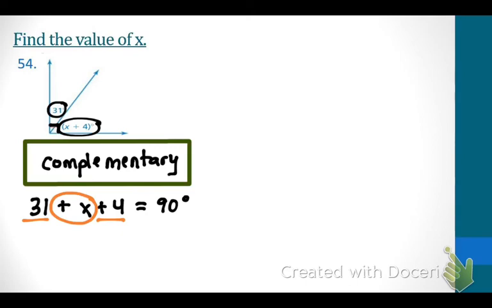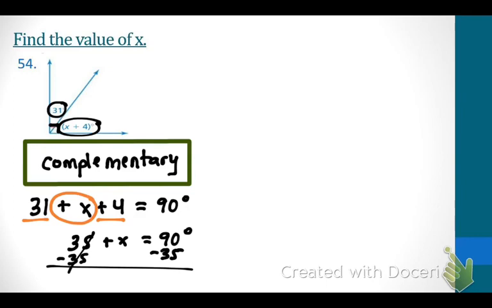Okay, what is 31 plus 4? 35. And then we're going to bring that x down, equals 90 degrees. Keep going, Aubrey. Then you minus 35 on both sides. So x would equal 55 degrees. You are correct.